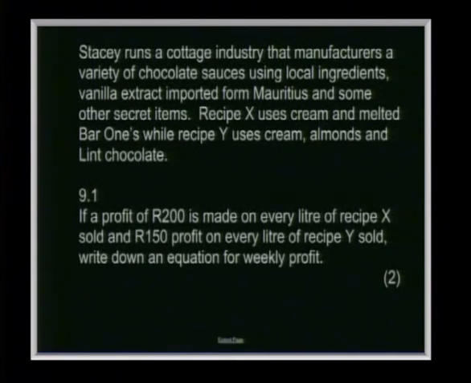If a profit of 200 Rand is made on every litre of recipe X and 150 on every litre of recipe Y, write down an equation for weekly profit. Quite straightforward. Profit is equal to 200X plus 150Y. Here's our profit. Done and dusted.